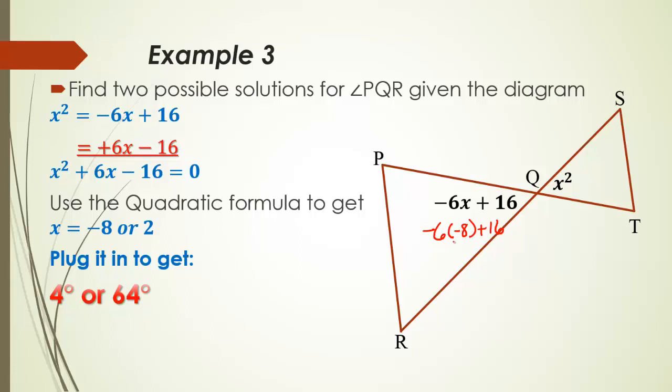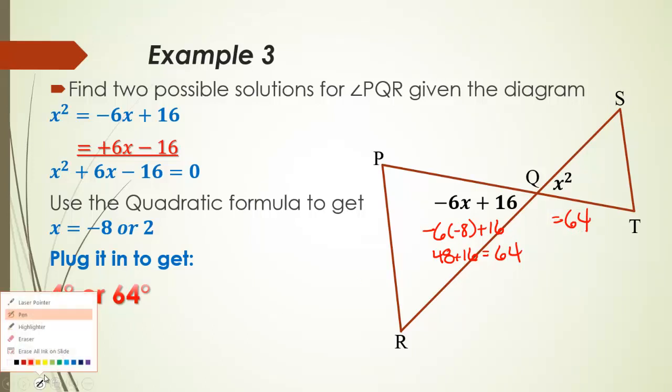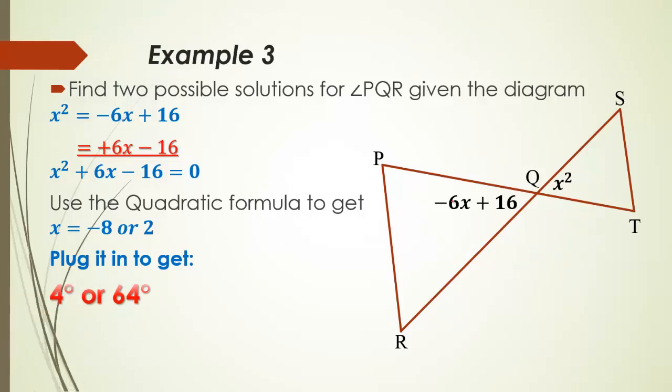Well, that -6 times -8 is a positive 48 plus 16 equals 64. -8 squared is a positive 64. So that works. If you used 2, -6 times 2 plus 16. That's -12 plus 16, which is 4. 2 squared, 4. Fairly simple and straightforward.